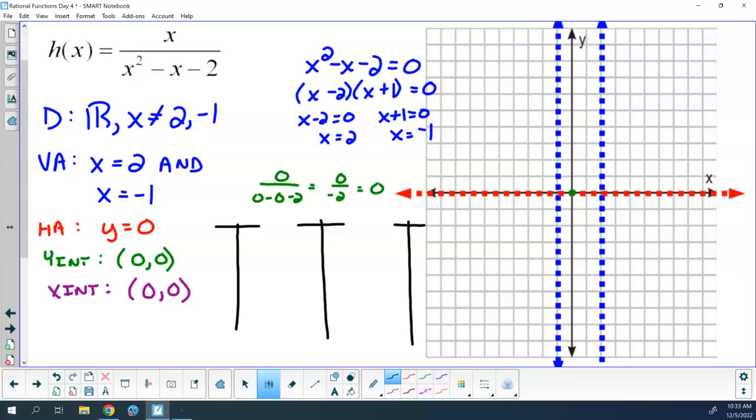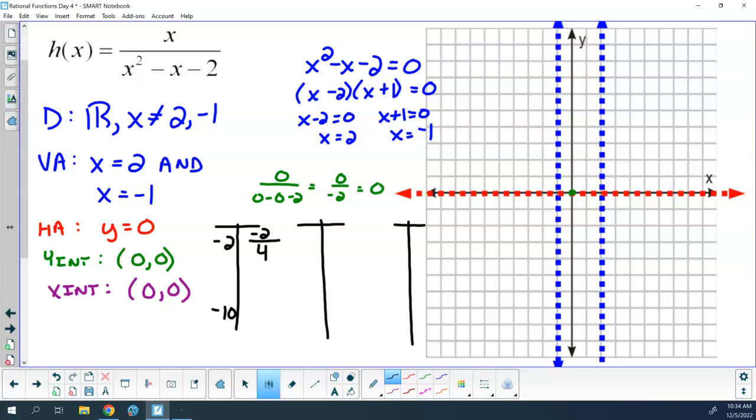So I would try here -2 and -10 in my function. If I plug -2 into h of x, I get -2 on the top. -2 squared is 4. 4 minus -2 is 6. 6 minus 2 is 4.